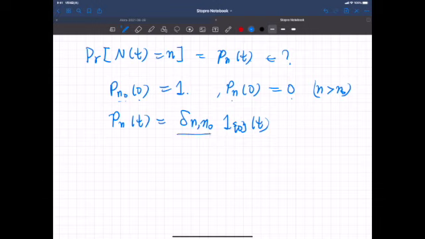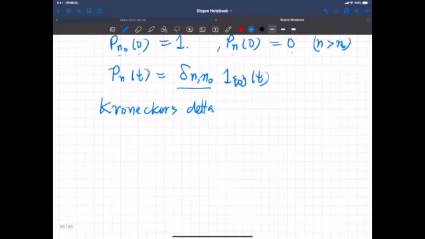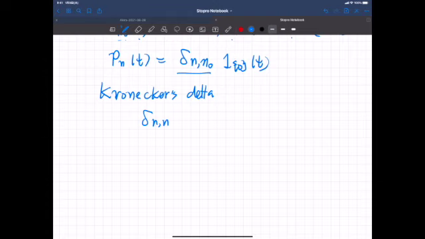By the way, this is the Kronecker delta, which means delta n n0 is 1 if n is equal to n0, otherwise it's 0.